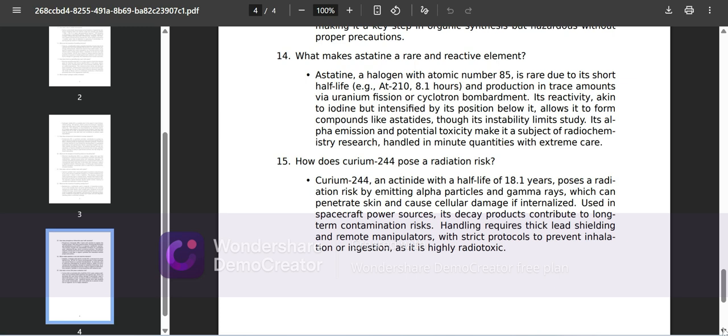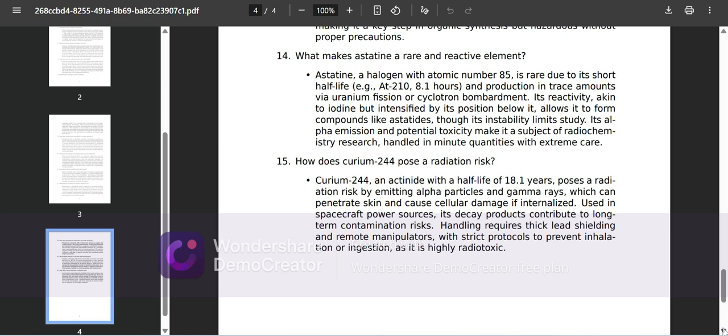How does curium-244 pose a radiation risk? Curium-244, an actinide with a half-life of 18.1 years, poses a radiation risk by emitting alpha particles and gamma rays, which can penetrate skin and cause cellular damage if internalized. It is used in spacecraft power sources.